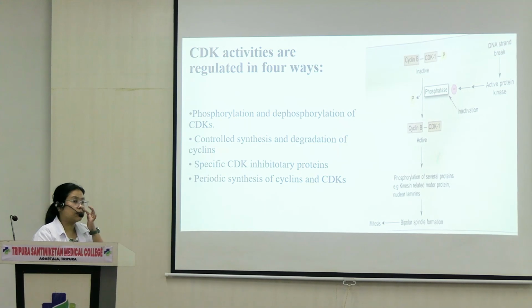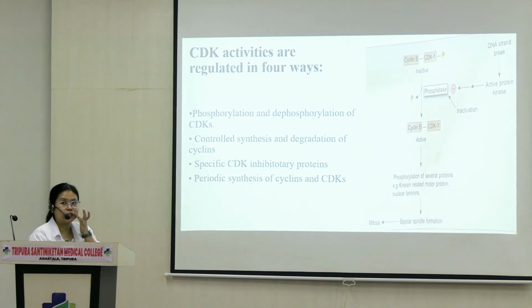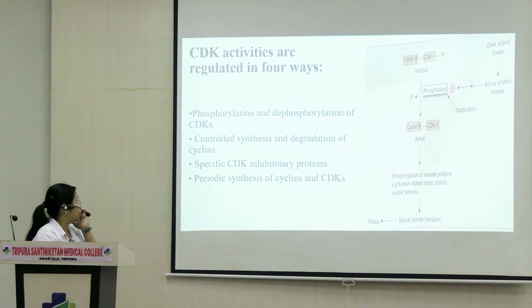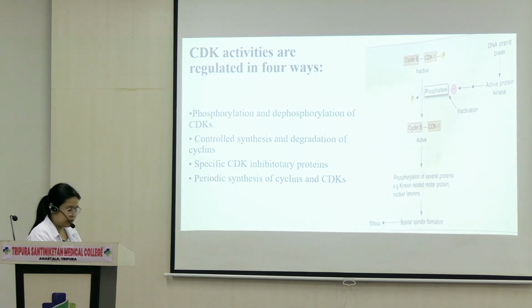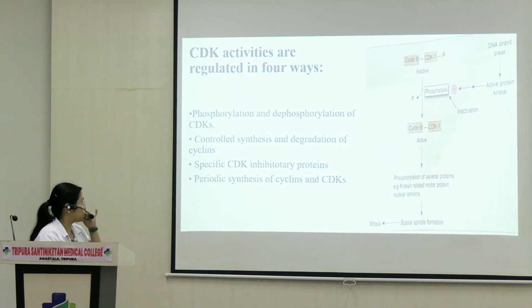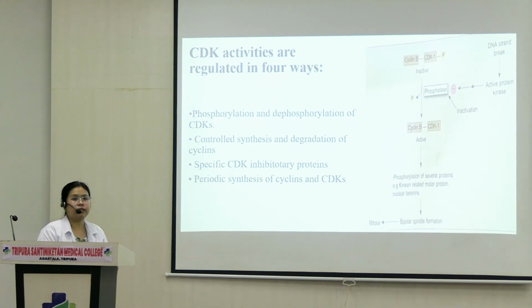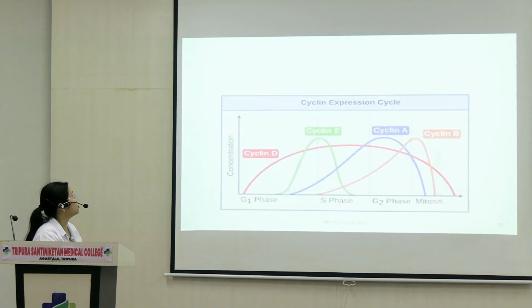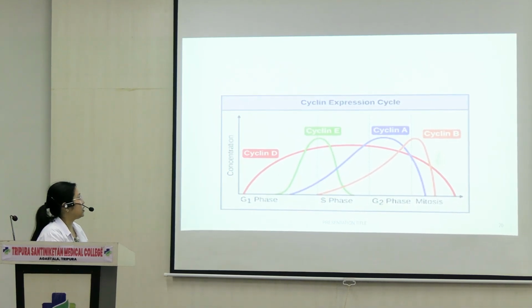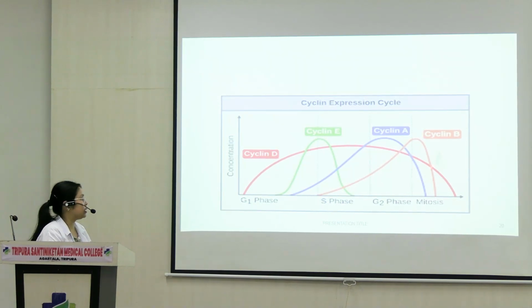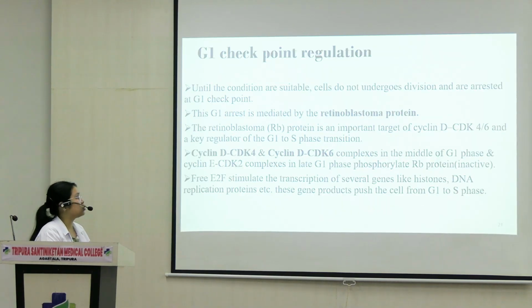So these activities, apart from phosphorylation and dephosphorylation, also involve specific CDK inhibitory proteins. I'm not going into details about that. They are also present. Along with that, there are cyclins, not mentioned here. Different cyclins over here, you would see in different phases. They increase in number and then decrease in number. The concentration goes up and down.